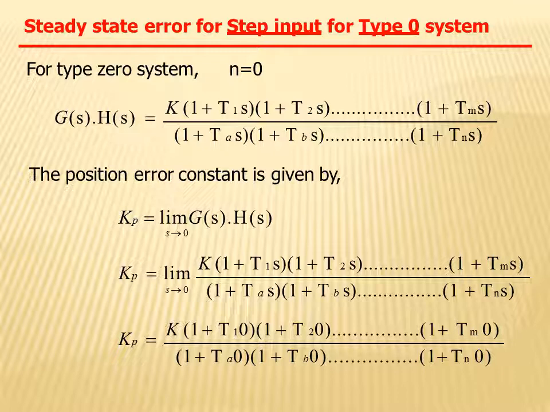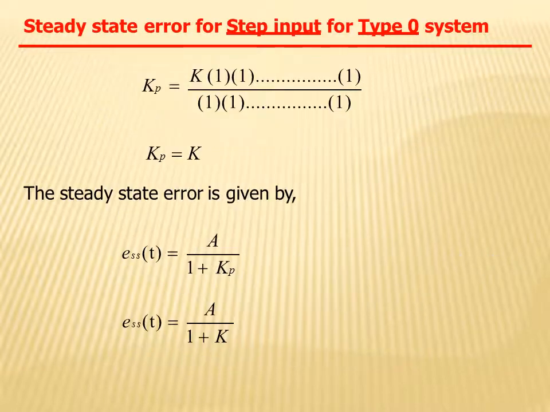So only 1 will remain. So K into 1 divided by 1. So Kp is equal to K.